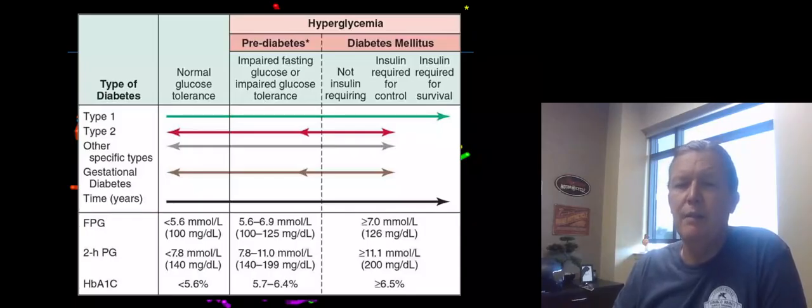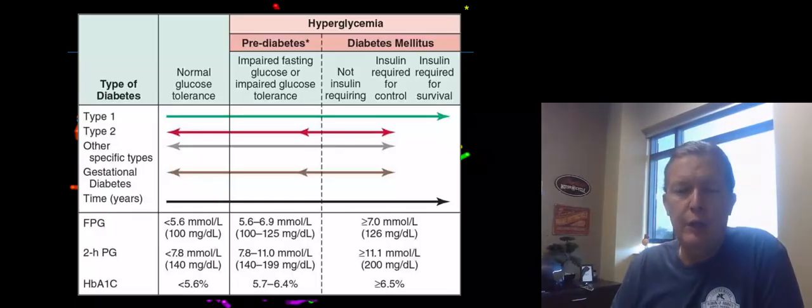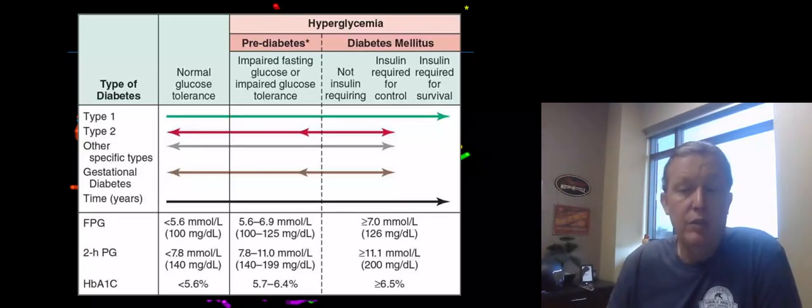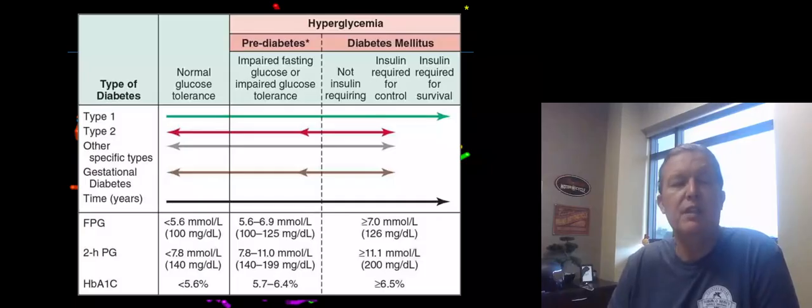Notice that pre-diabetes and diabetes, both patients are hyperglycemic. The severity of hyperglycemia varies with those different conditions and the severity of the diabetes. So there's a difference between type 1 and type 2, and we'll talk about those because we're going to delineate those specific conditions as we go further.